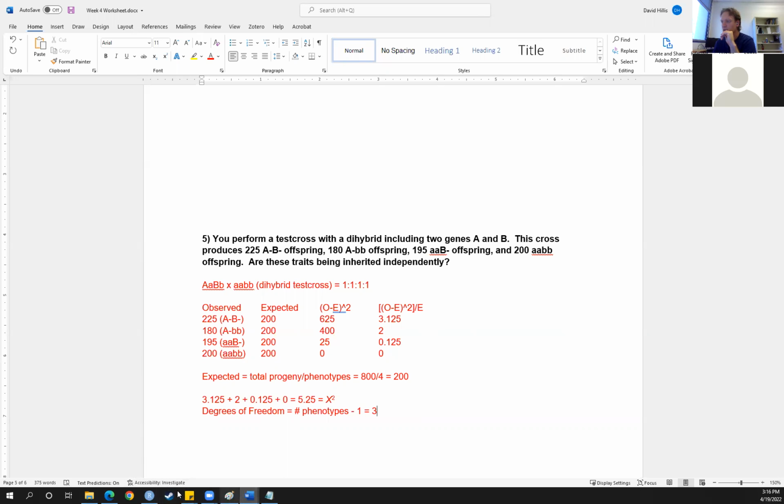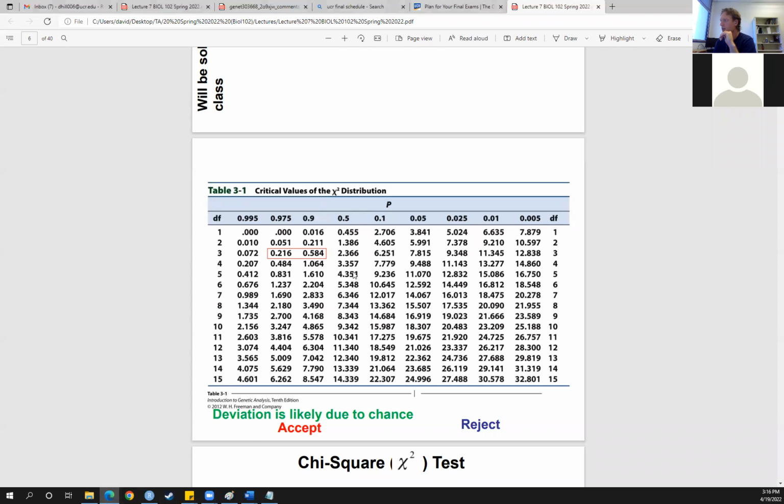And we're going to take a look at our chart here. We're going to come down till we have 3 degrees of freedom, and we're going to look for a range where our chi-squared falls into. So our chi-squared falls between 2.366 and 6.251, and therefore our p-value is going to be between 0.5 and 0.1.